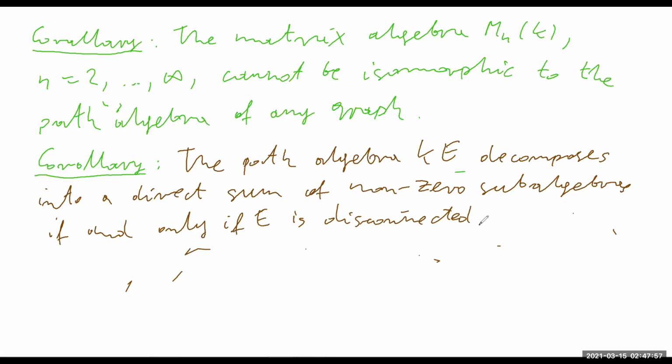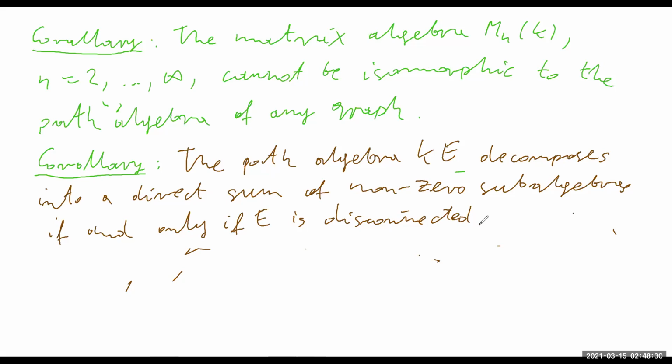So this is the immediate corollary of our theorem, because, of course, we proved much more than just this, but in particular, we proved that K of E is then isomorphic to K of E1 plus K of E2, and E simply decomposes into two disjoint subgraphs.